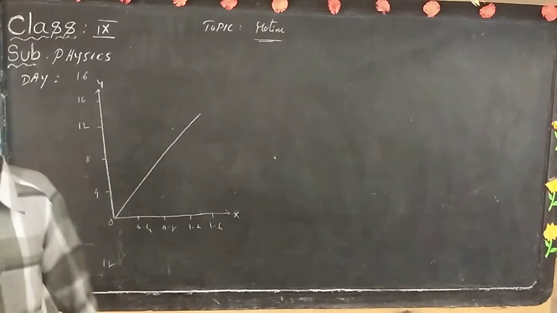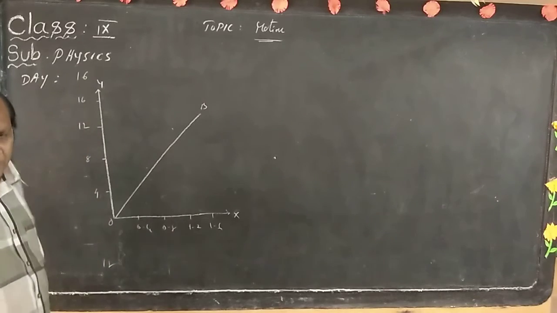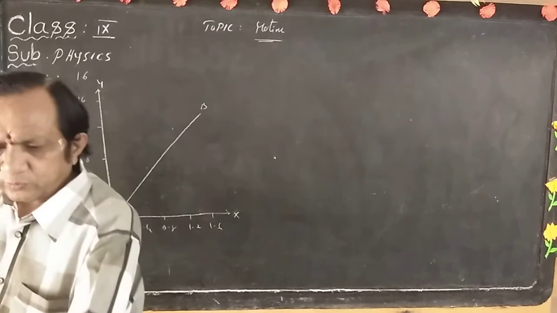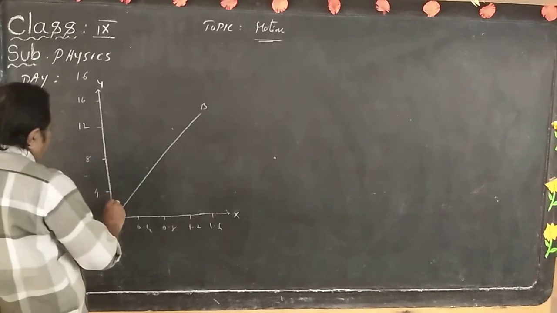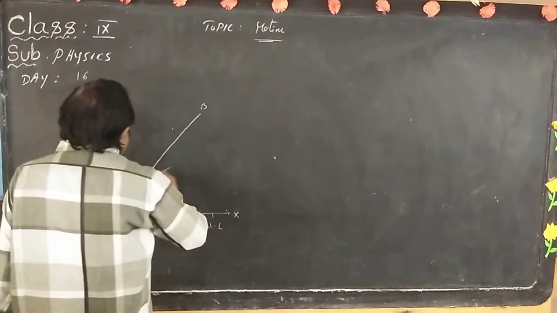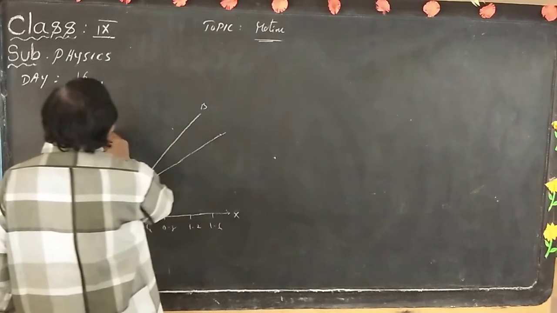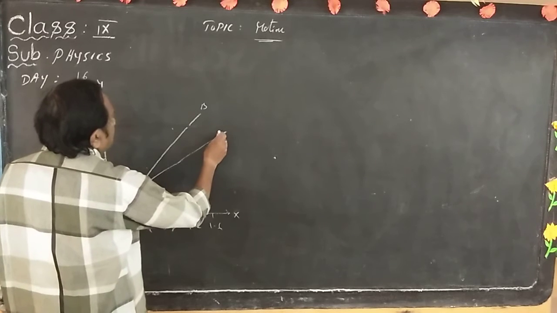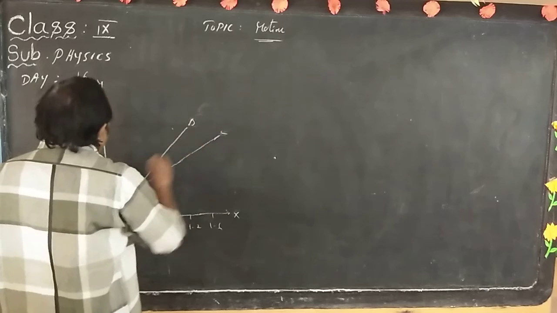That's said to be car A. And car B travels from 2 meters to 12. Two meters to 12 is to be considered as car B.